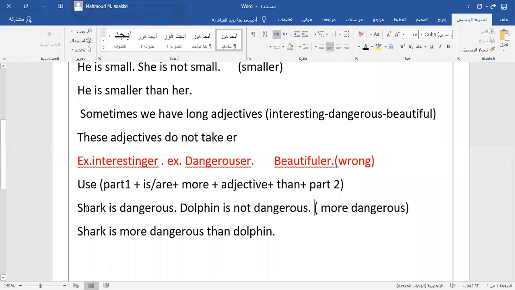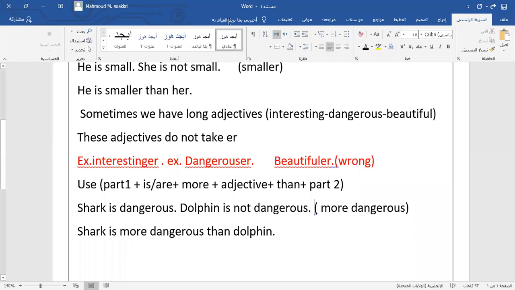Now I wanted to join the two sentences in one sentence using more dangerous. I put part 1, which is shark. I used is because shark is singular. I put the adjective plus more because it's long adjective. It doesn't take ER like these examples. I can't say dangerouser. So shark is more dangerous. Then I put the word than. Then I put part 2, which is dolphin. Read it, please, Mazen. Shark is more dangerous than dolphin.